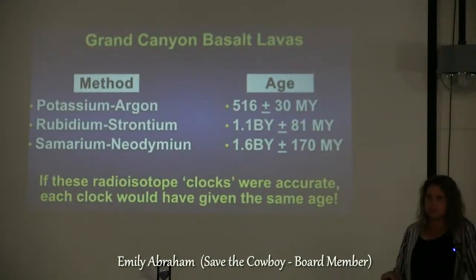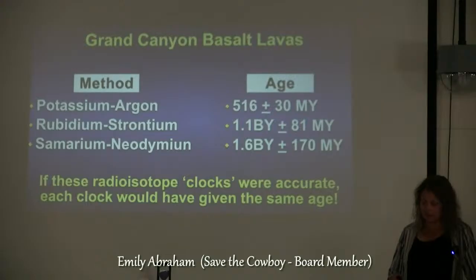If these radioisotope clocks and this dating method is accurate, every single clock should give the same age. It's the same rock. Okay? This is radiometric dating, intentional deception. It's a fraud. And this is what they use to keep evolution in millions of years going.